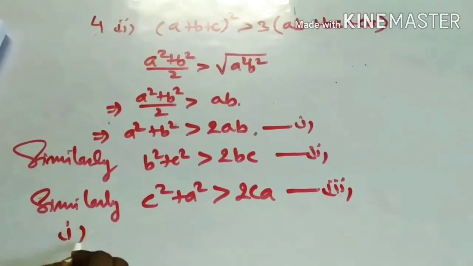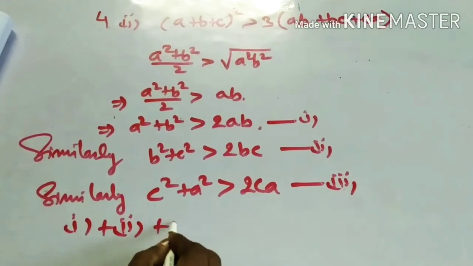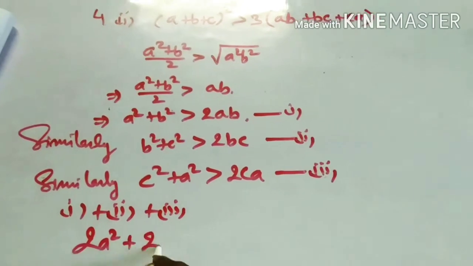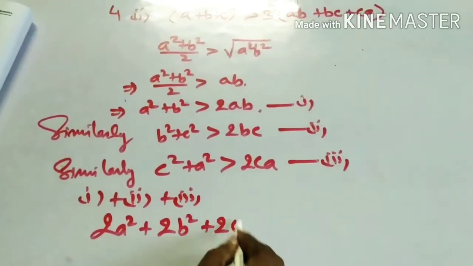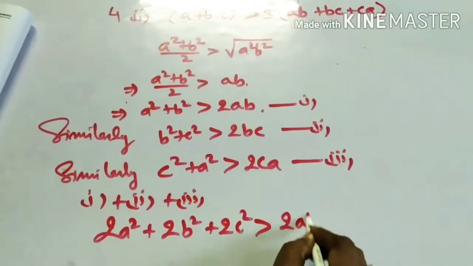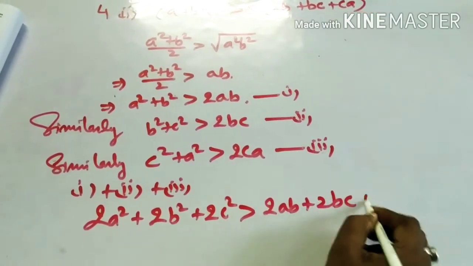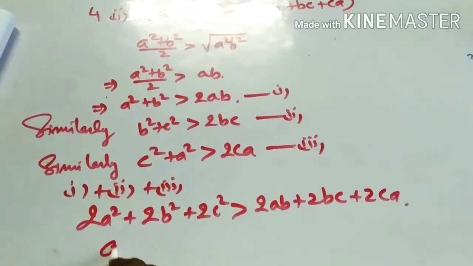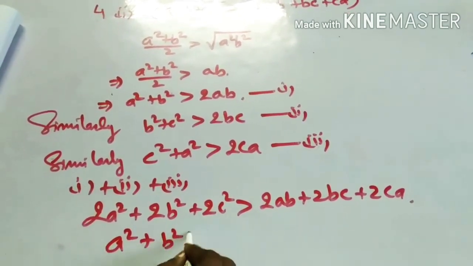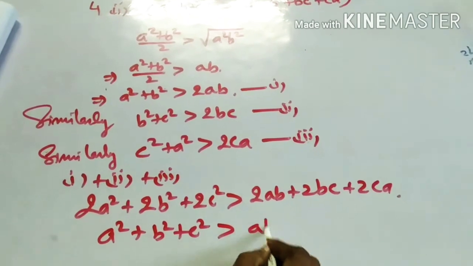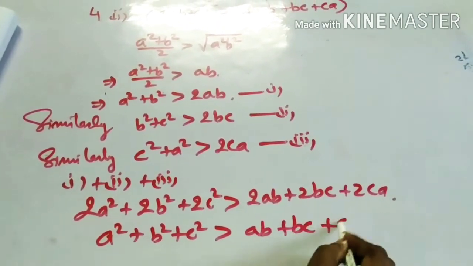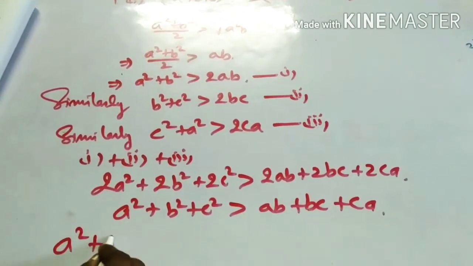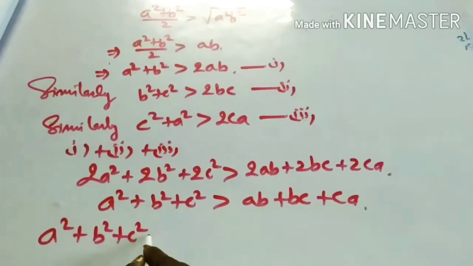Now, 1 plus 2 plus 3 comes out to be 2A square plus 2B square plus 2C square greater than 2AB, 2BC, 2CA. So 2 common cancels out. A square plus B square plus C square greater than AB plus BC plus CA. Now I am going to add 2.